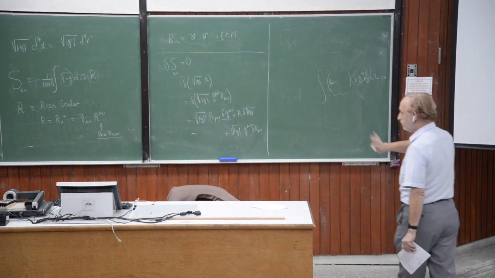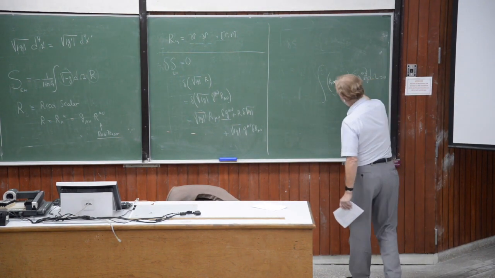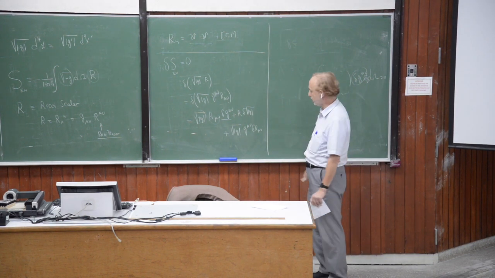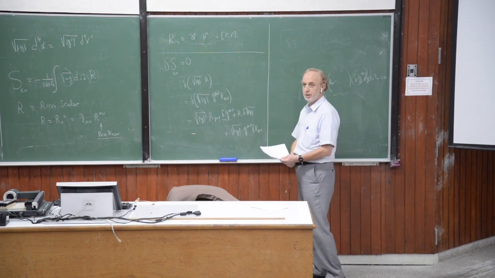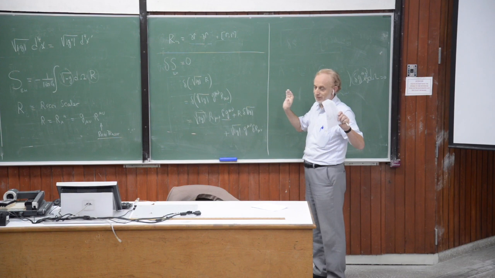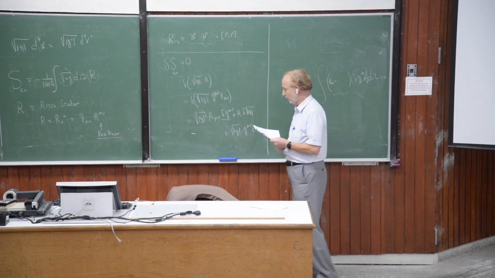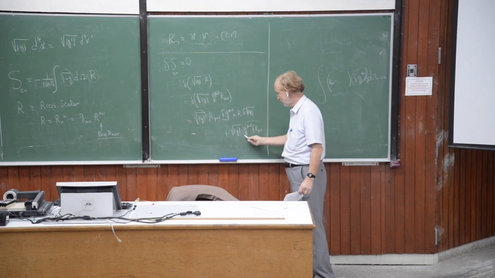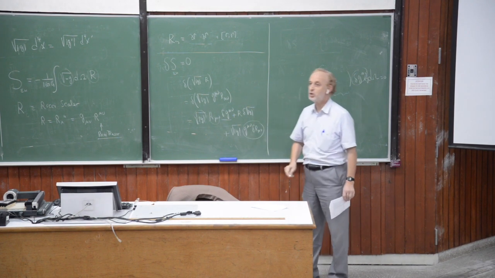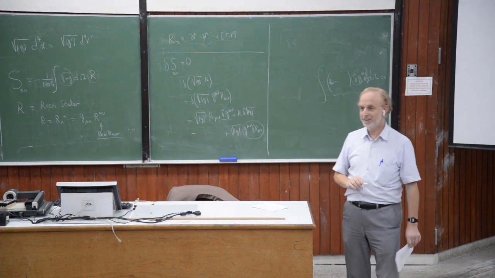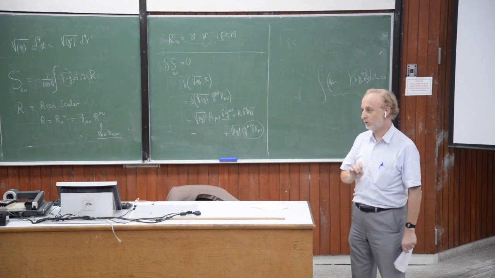Okay, the first term is trivial in a way, and it goes here. The second term, we'll see in a moment what it is. But the third term, you have to take it on faith. It takes a long and complicated way to show it. But this term is just a total divergence.